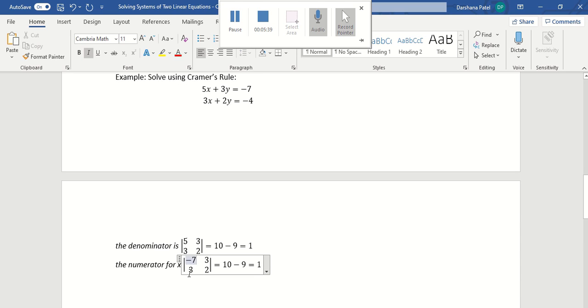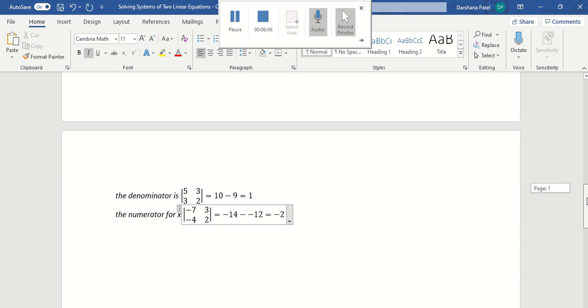Now we multiply entries in the principal diagonal. Negative 7 times 2 gives us negative 14, and negative 4 times 3 is negative 12. Subtracting negative 12 gives us negative 14 plus 12, which is negative 2.